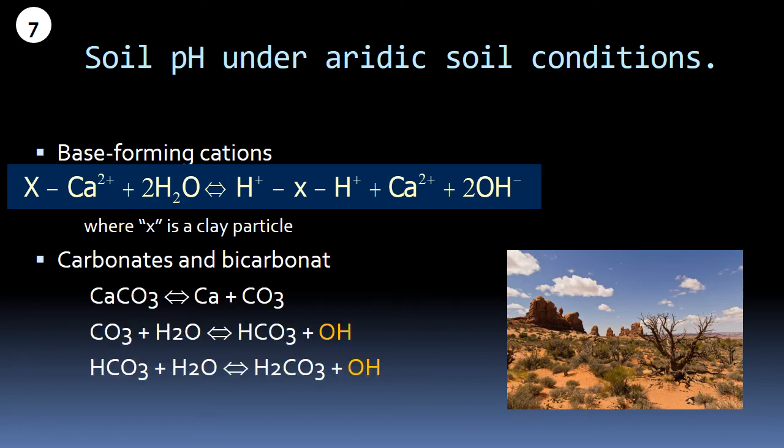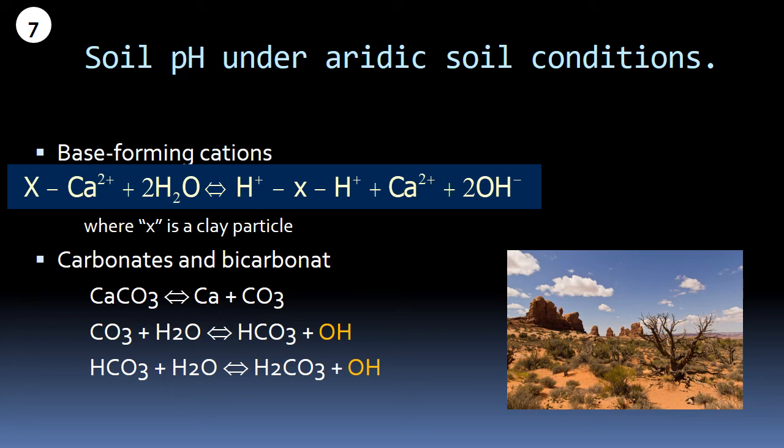If we talk about arid countries like Oman, most of the soil has a lot of calcium adsorbed on it. So when rain happens, what happens here, as you see in this equation, X indicates the clay particles.